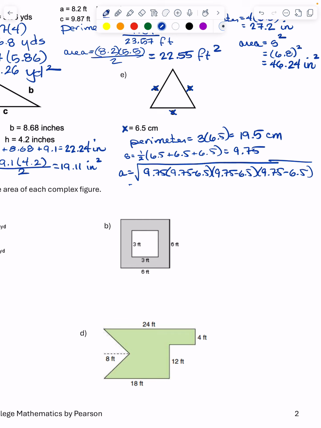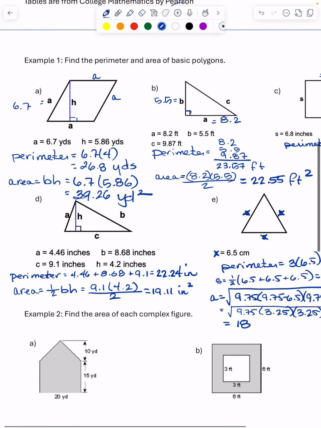And if you want a middle step, I got 9.75. When I take 9.75 and subtract 6.5, we get 3.25. And because all of these sides are the same, this ends up being all the same. It won't always work that way.